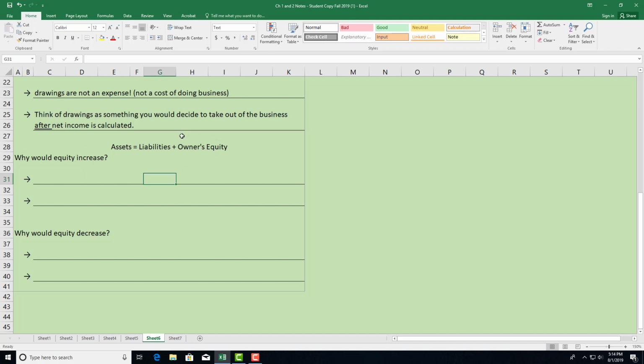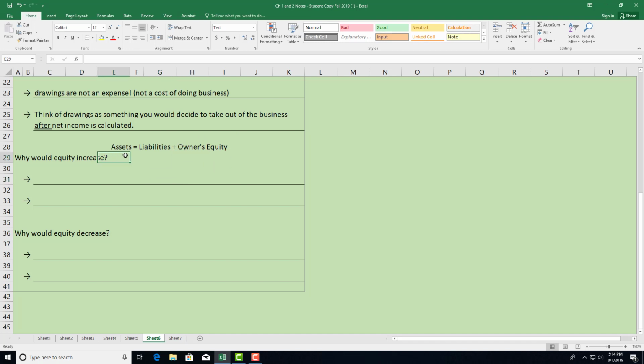So why would equity increase? What would make this go up? Well, one thing that would make this go up is I could invest into the business. And if I invest into the business, my assets would go up, which would be cash specifically. So assets would go up. It's not a liability, it's not a debt because I'm the owner of the business. So I would have an increase to equity or ownership.